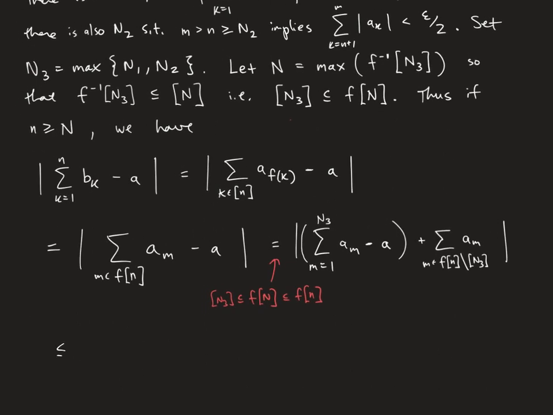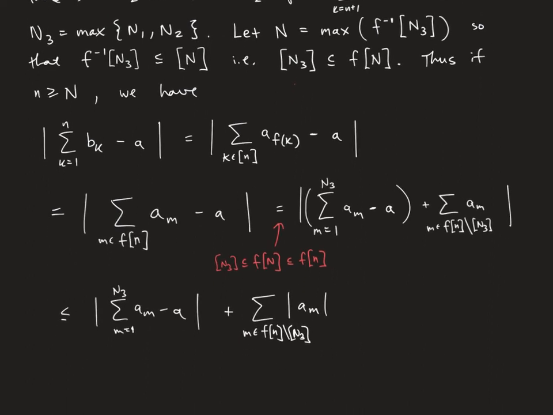And so that is less than or equal to the difference here, m equals 1 to n3 of the a_m's minus A, plus, and so it's less than or equal to the absolute value of this sum, and then that's less than or equal to the sum of the absolute values. So this is less than or equal to the sum of the absolute values of the a_m's, where m is in f of n minus the first n3 natural numbers.